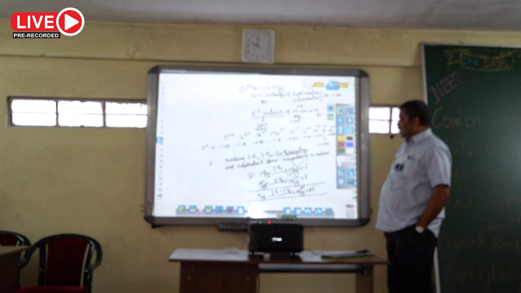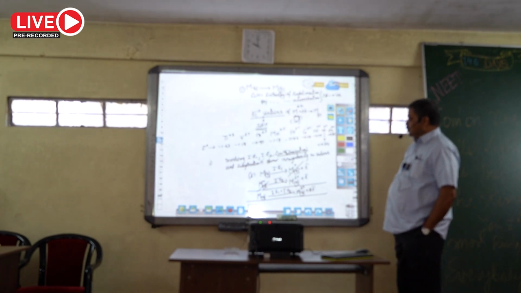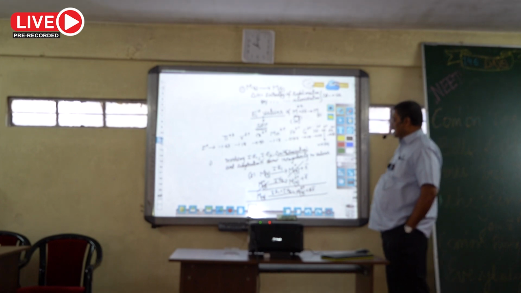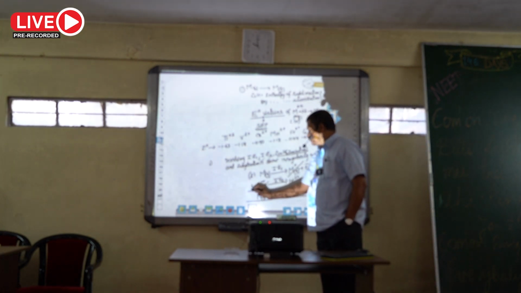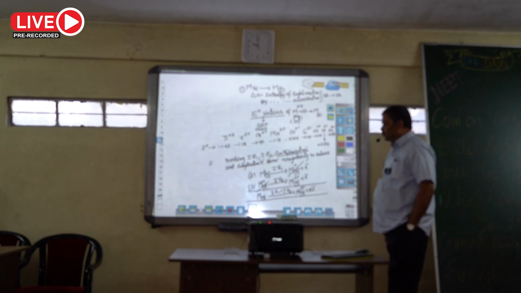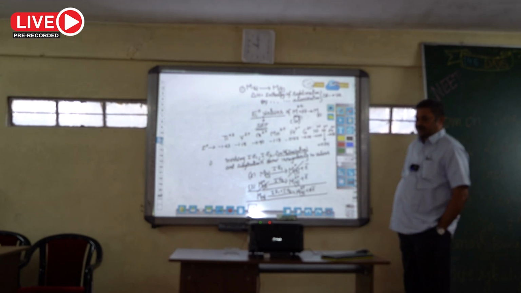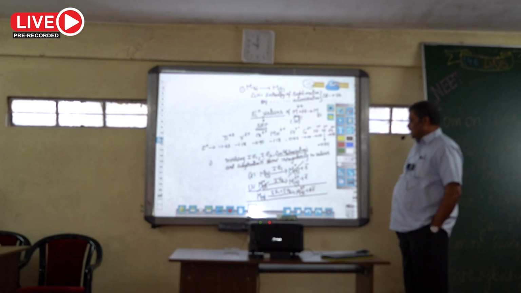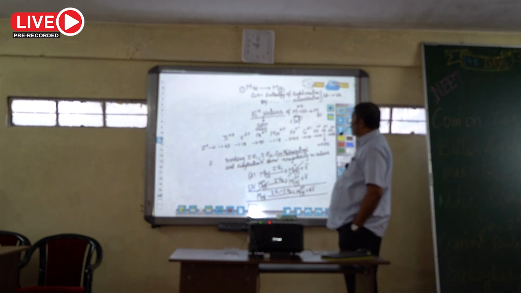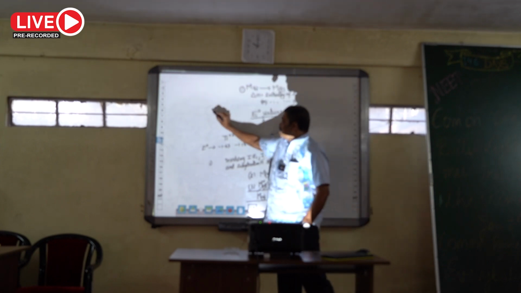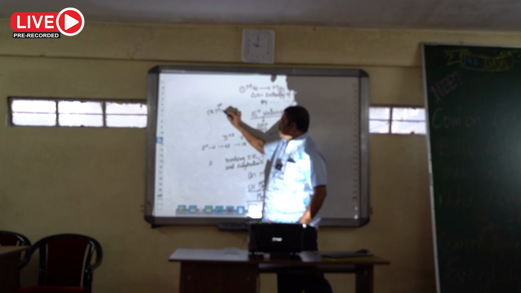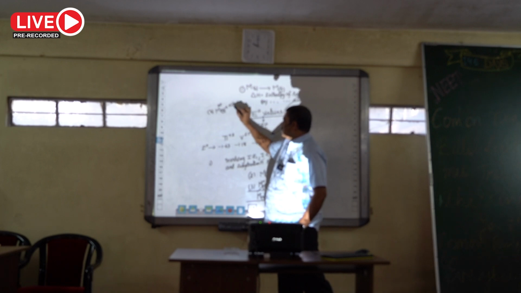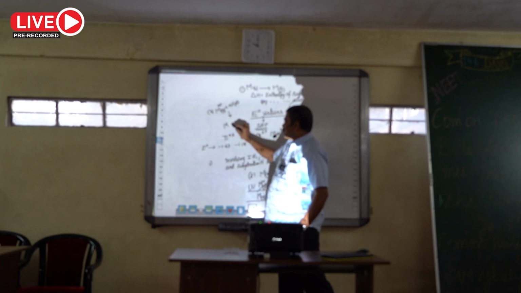So how many changes are over now? 1, 2, this is 3. That is the net change I wrote. Now the fourth change is this M2 plus gaseous ion in aqueous medium attracts n water molecules.